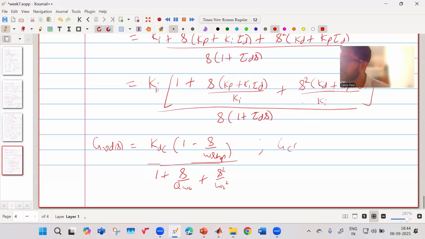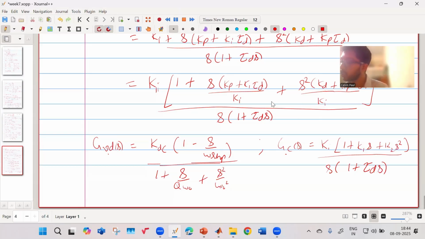Your Gc of s is Ki into (1 plus K1 s plus K2 s square) upon s into (1 plus tau d s). This is our controller, this is our plant.